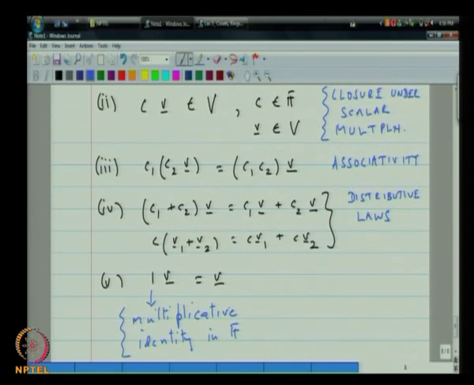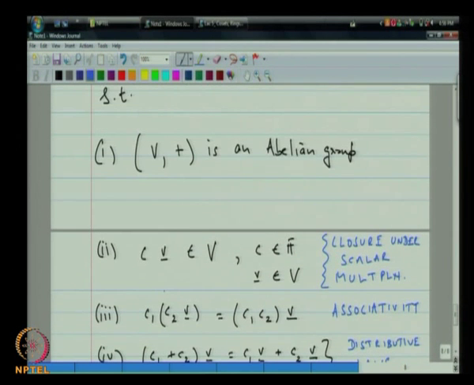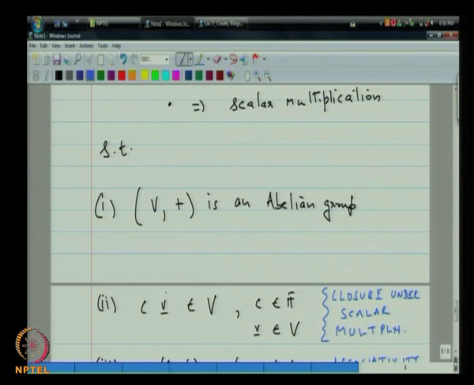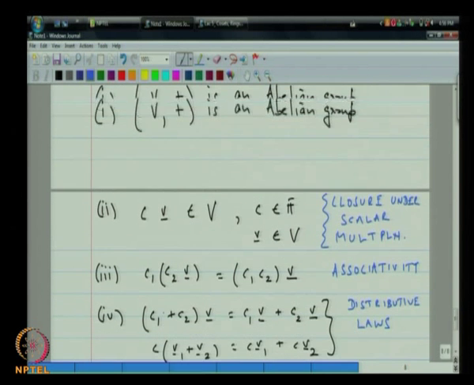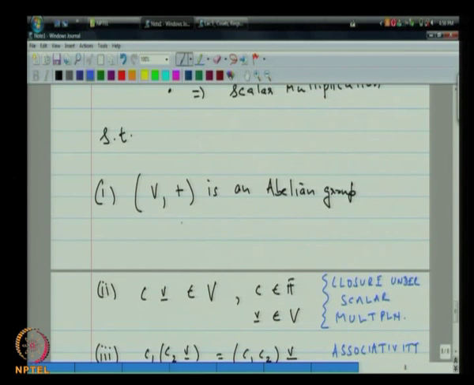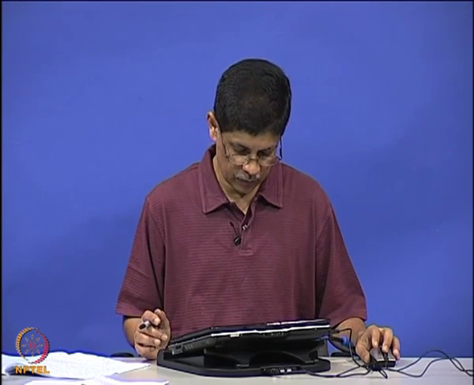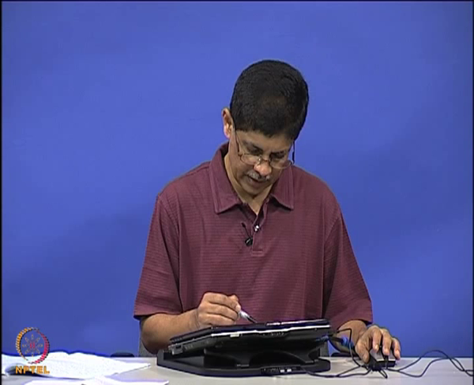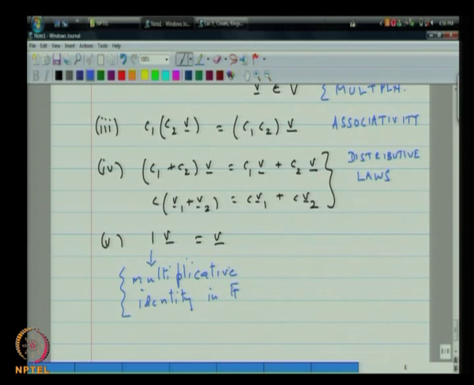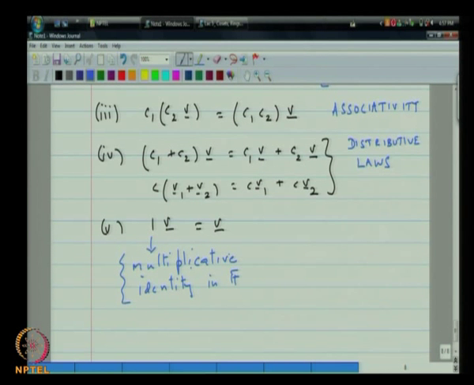Right. So, these are the axioms that go into defining a vector space. If you keep in mind that in order for something to be an abelian group, it needs to satisfy 5 conditions, this makes for a total of 5, 6, 7, 8, 9. Okay. So, there are a total of 9 conditions that need to be satisfied.